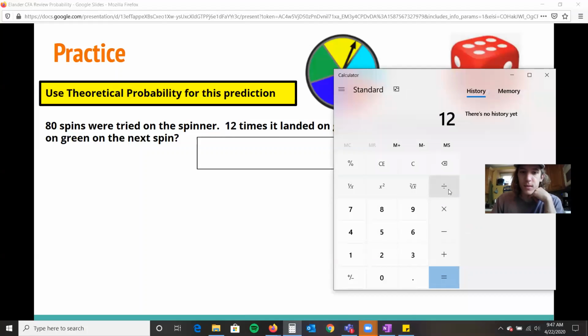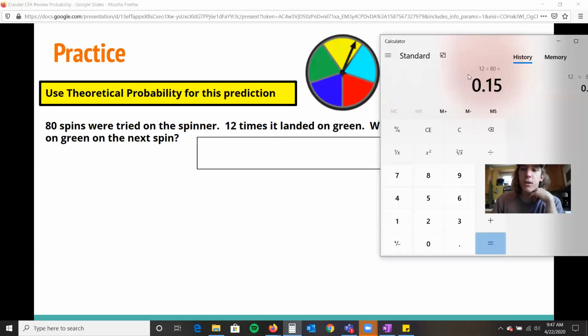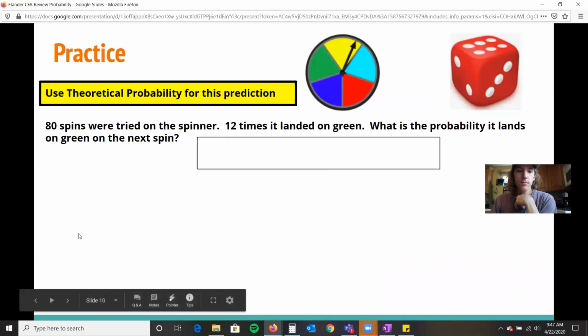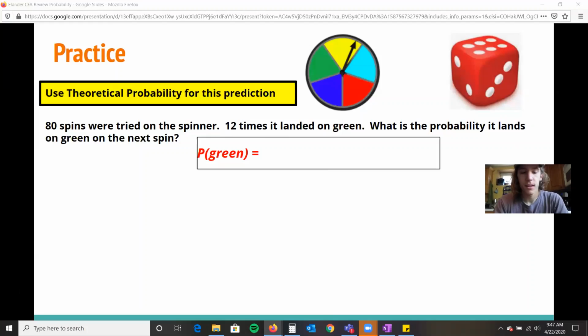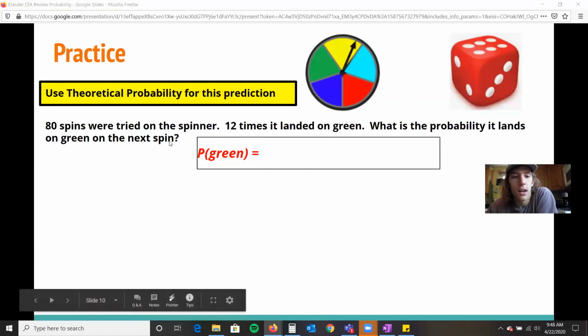It doesn't necessarily matter. This would be if we based it off of our observations. But a 1 in 5 chance is actually a 20% chance of it happening. So the probability of getting green on the next spin is going to be 1/5 or 20% chance of landing on a green.